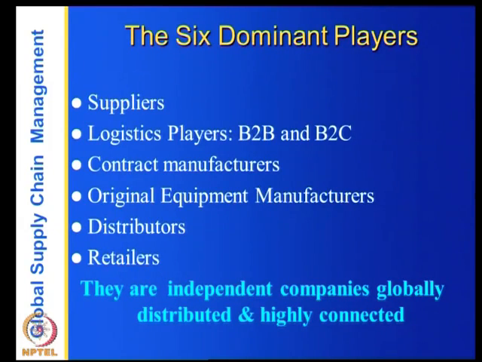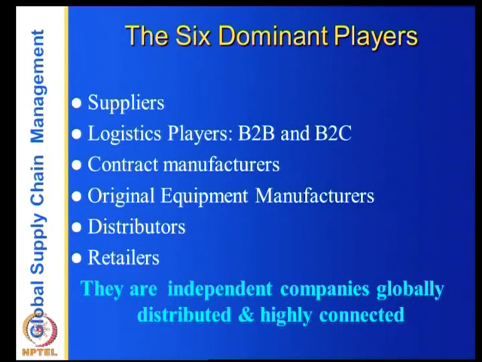And there are logistics players, which are business to business or business to customer kind of suppliers. Business to business is large amounts of goods transferred between suppliers and manufacturers and so on. Business to customer, it is small amounts of goods transferred, because customer orders are always less in quantity compared to the factory orders.